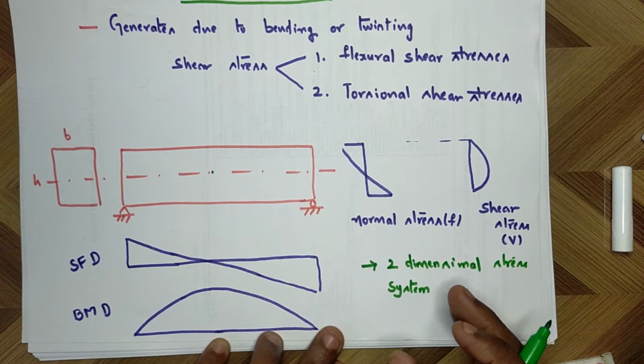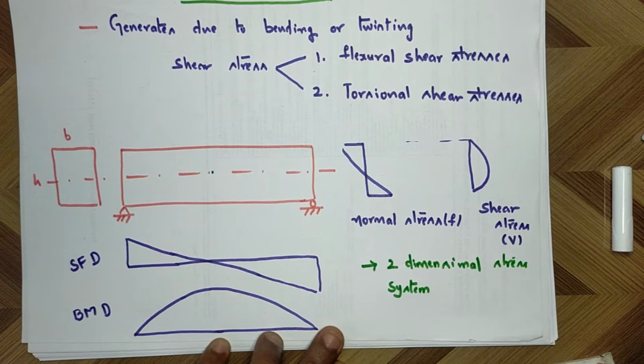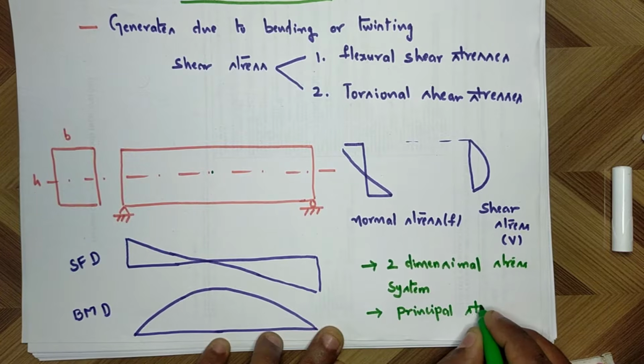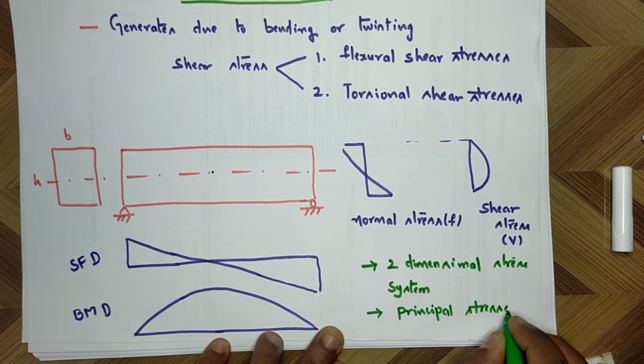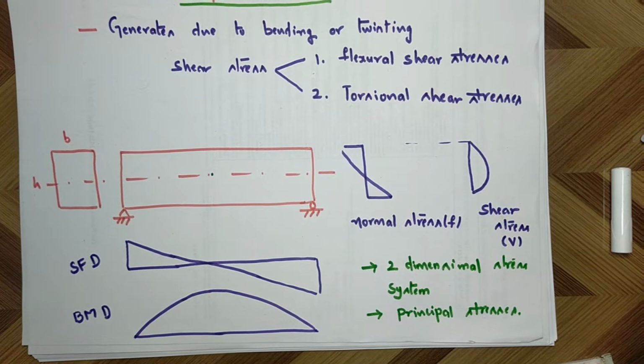At any point in the beam, the state of two-dimensional stresses can be expressed in terms of principal stresses. The Mohr circle of stress is helpful to understand the state of stress.